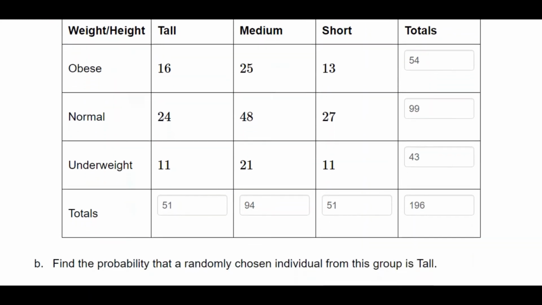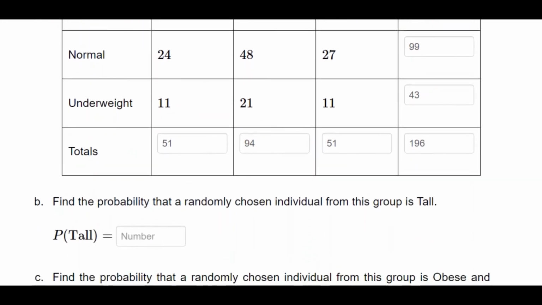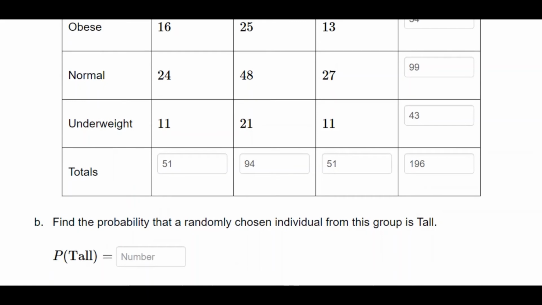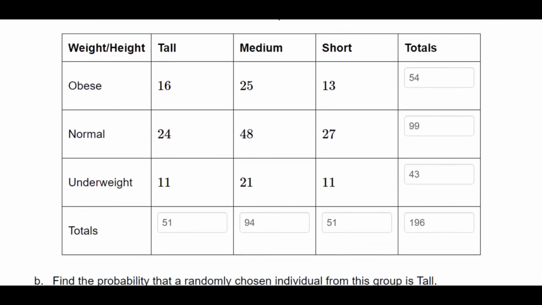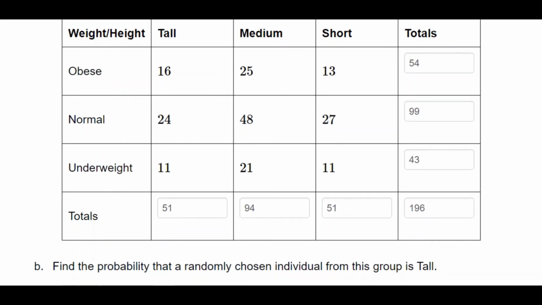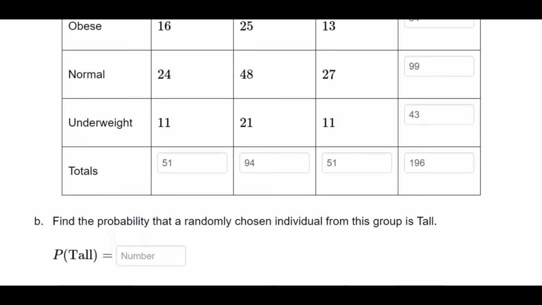And now we are interested in finding the probability of tall people. Okay, now the probability of tall people would be the grand total of all the tall people, and that is 51 out of 196. So we enter 51 out of 196.